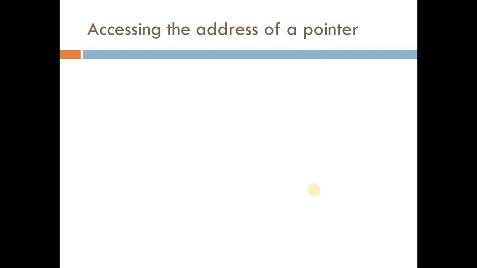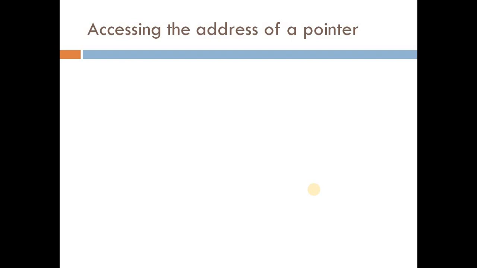This can be done with the help of the operator ampersand available in C. With the help of the operator ampersand, we are going to get the address of a variable. We have already seen the use of this address operator in the scanf function.